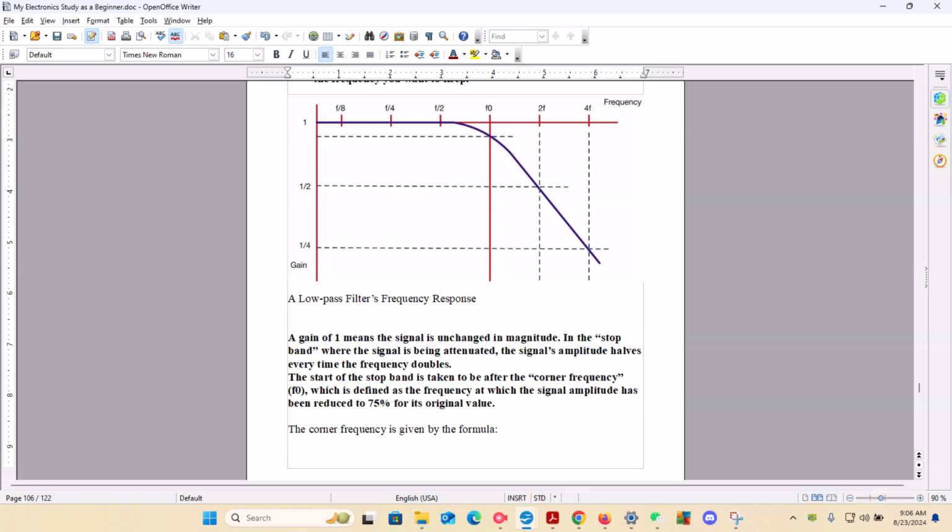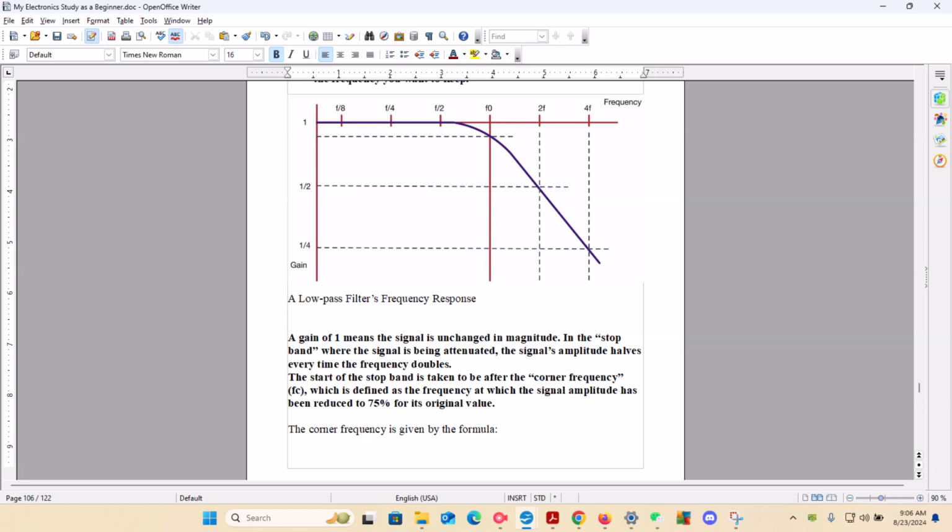Now the start of the stop band is taken to be after the corner frequency, that's denoted as F subscript C. That's called the corner frequency, which is defined as the frequency at which a signal amplitude has been reduced to 75% of its original value.